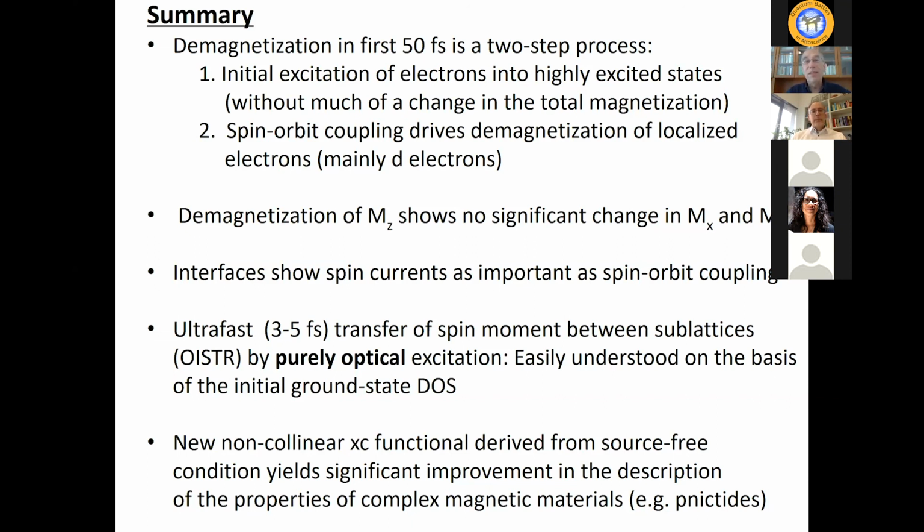What we found is that interfaces and layers have equal importance in the spin current and spin-orbit coupling effect. And finally, I demonstrated this new effect that we called OISTR. I did not talk about the last topic, the non-collinear exchange correlation functional. Thank you for your attention.